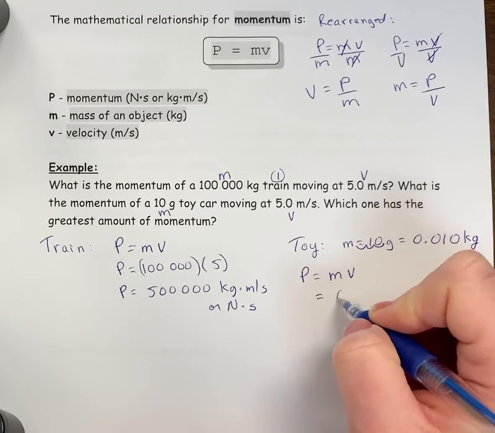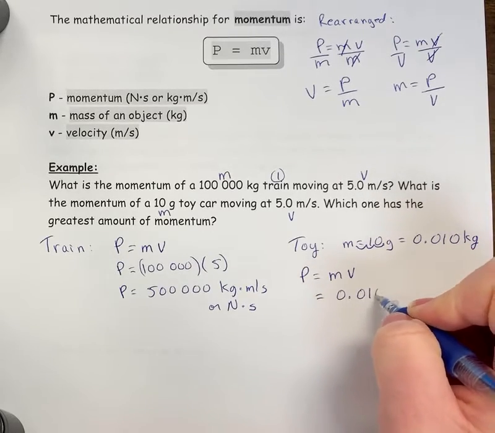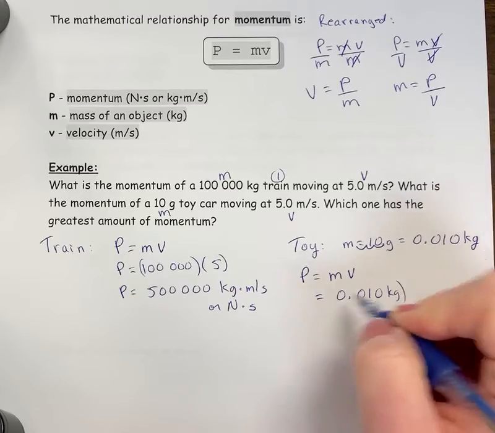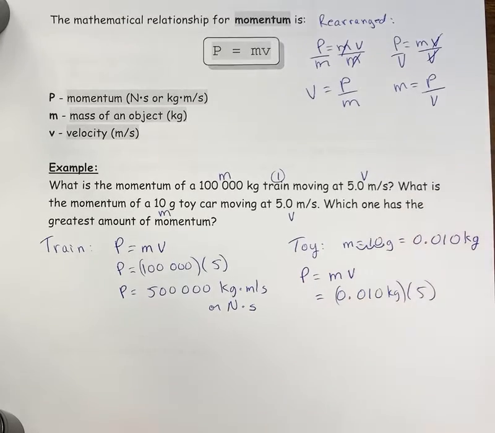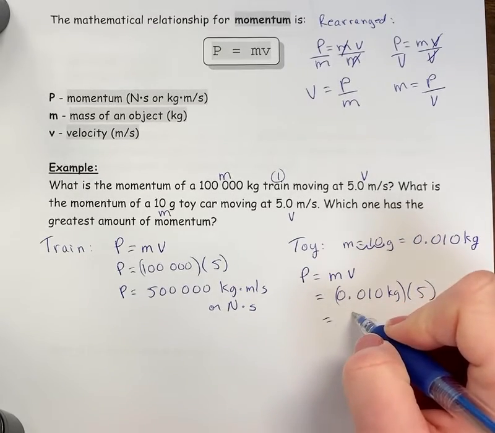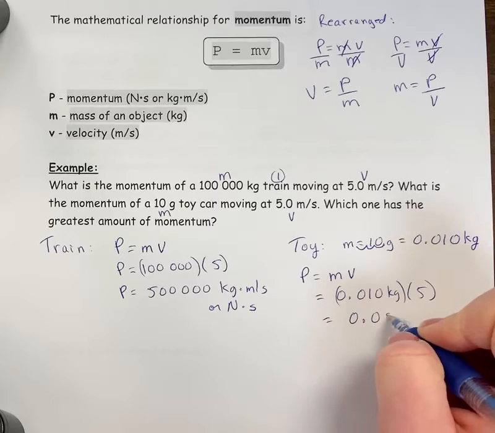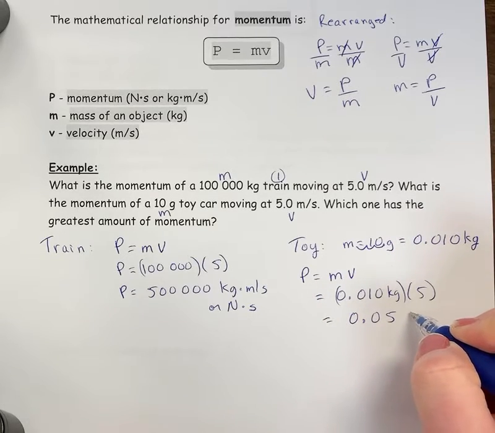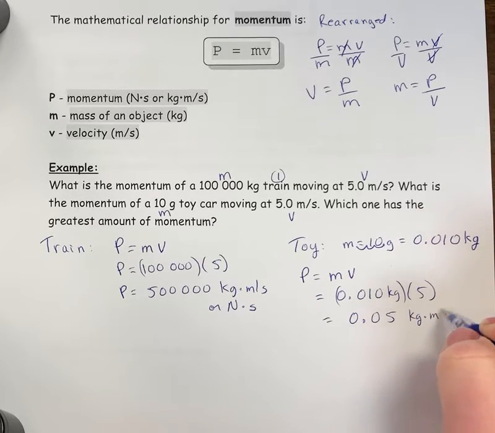So our mass is 0.010 kilograms times 5, and when you do that you're going to get 0.05. Again, you can use kilograms times meters per second or newton seconds.